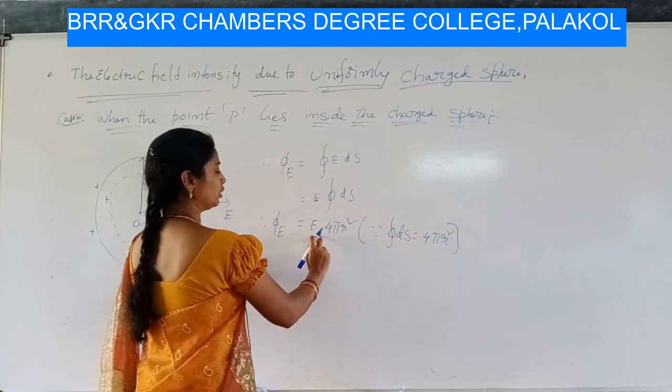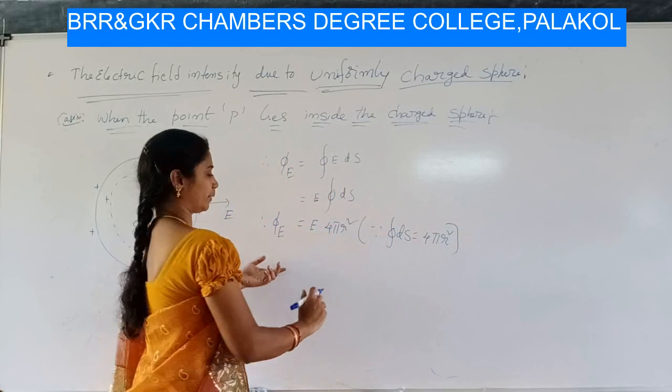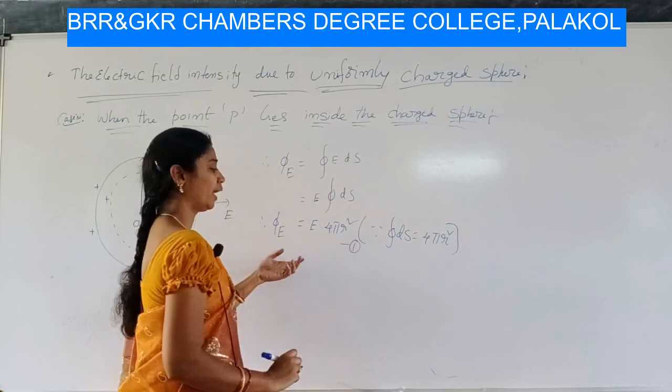Therefore, phi equals E times 4 pi r square. This is equation 1.